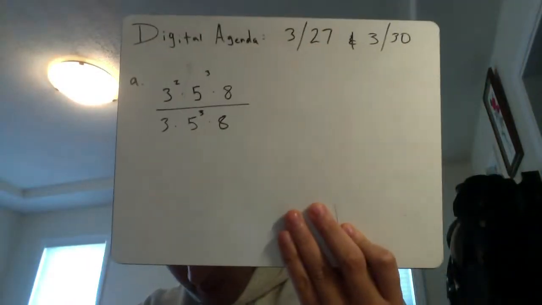So I hope everyone here is looking at the digital agenda for 327. Can everyone see that fine?